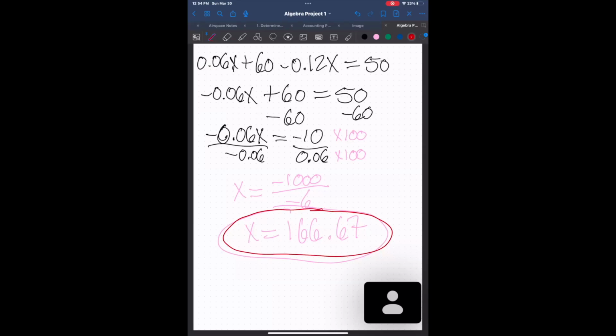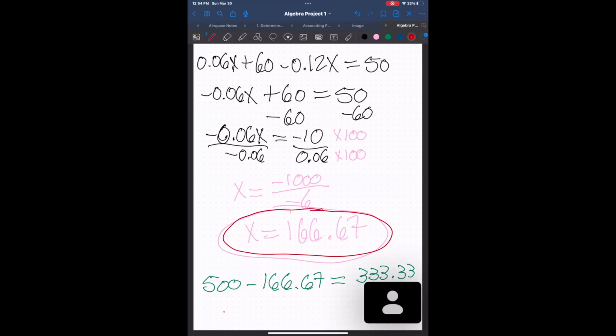So now we solve for the other one. And again, that's going to be one of the types here. We know that we want a total of 500 pounds. 500 pounds minus 166.67 equals 333.33. Fun little number. I'm going to write that down.